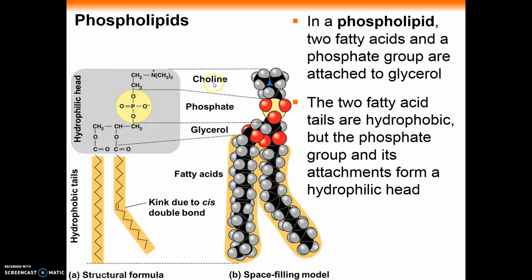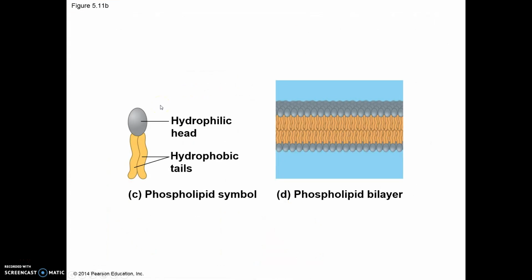This leads to the ability to form something that is necessary for life, and that is called a phospholipid bilayer. If you look at our membranes, the things that separate the inside of a cell from the outside of a cell, it is these phospholipid bilayers. You can see here that we have a hydrophilic head represented in gray, and then these two hydrophobic tails.